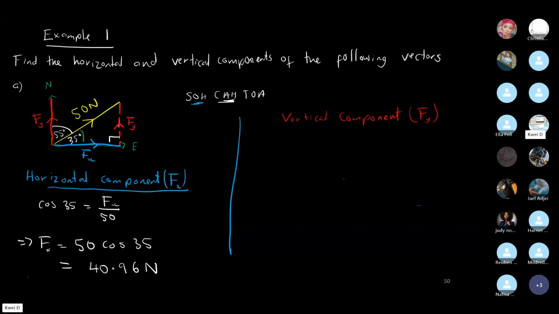If we want to use the bottom one, then clearly the Fy is opposite to the angle 35. Since it's opposite, I'm using sine. So you can say sine 35 is equal to Fy divided by the hypotenuse, which is the 50.